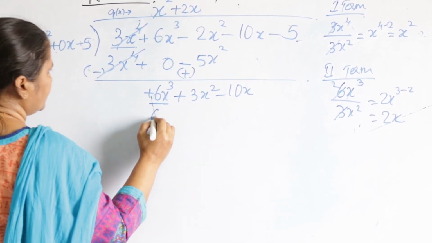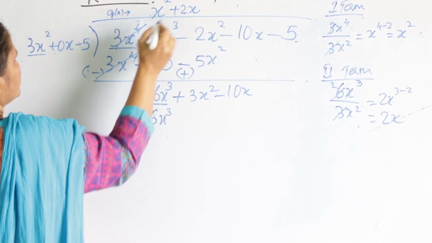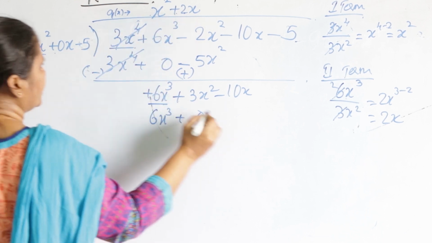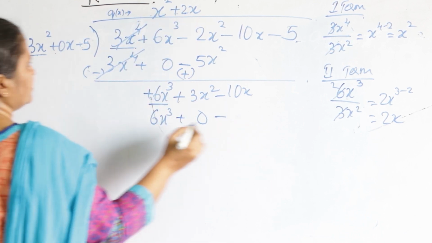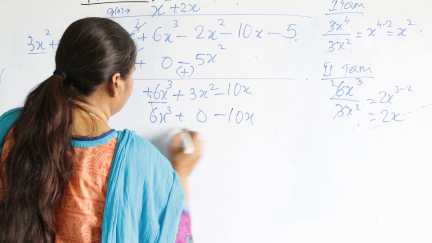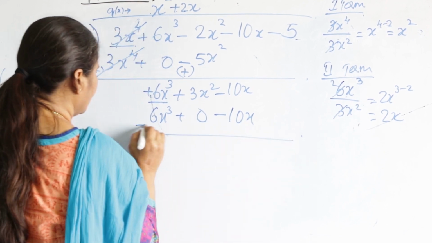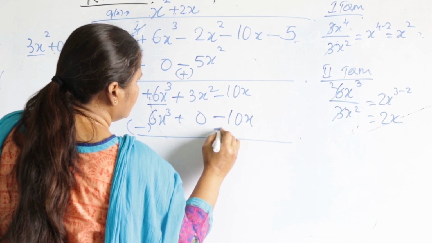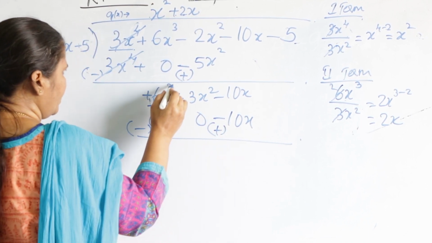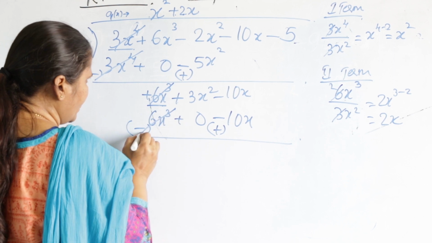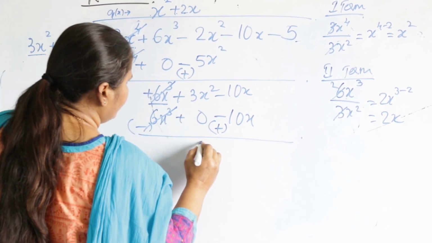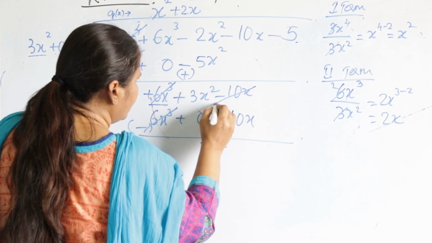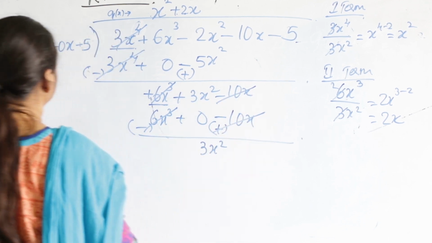This is 6x cube plus 0 plus into minus, minus 10x. Minus, no need to worry about this, this is 0, this is plus. So this will be plus 6x cube minus 6x cube, and we are left with 3x square. This is minus 10x plus 10x, right?